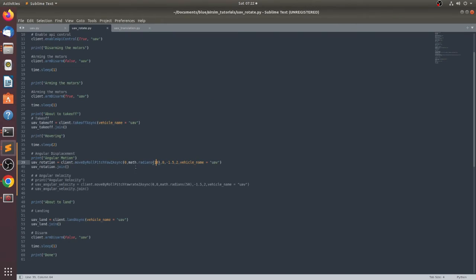Now I'll try to give the same angle to roll, and guess which direction the translation will happen this time. Do you think the translation happens or not? If it does, which direction do you think the translation will occur?